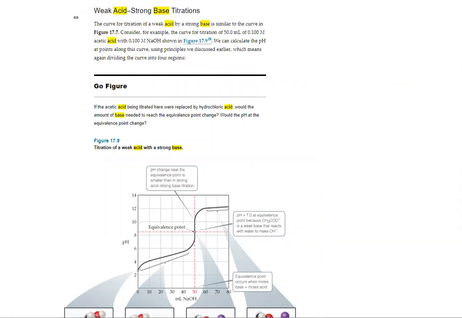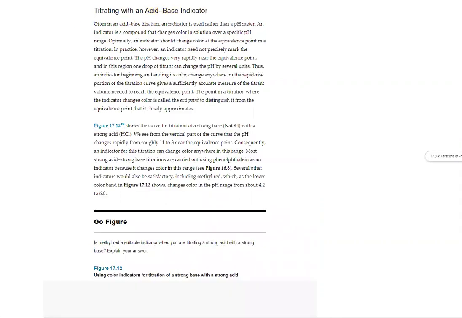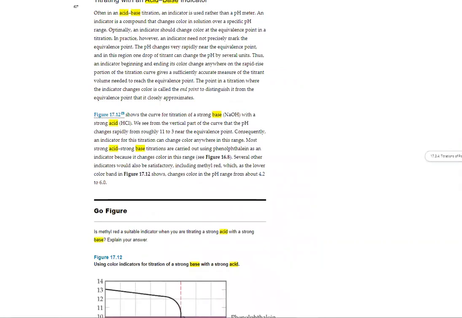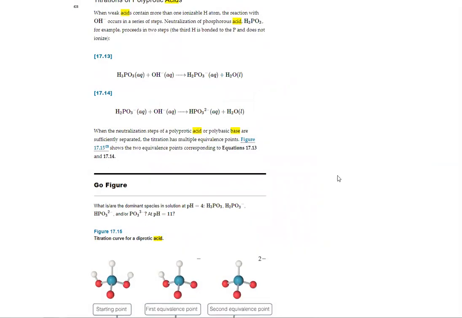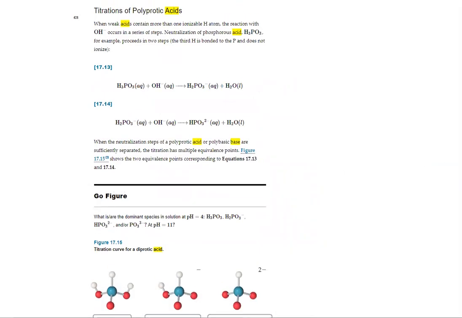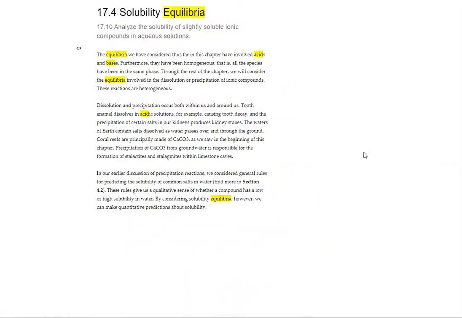So if you have an originally acidic solution and you add a base to it, the point where it passes a certain pH would be your equivalence point. And if you have an indicator, you want the indicator to change around the equivalence point for it to work. That's really all you need to know.